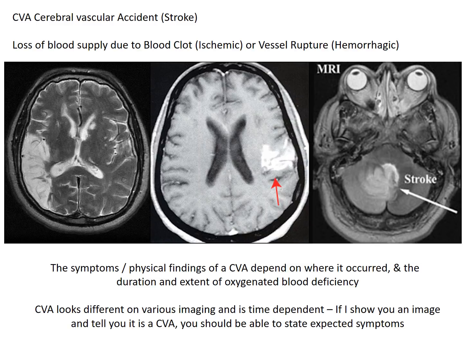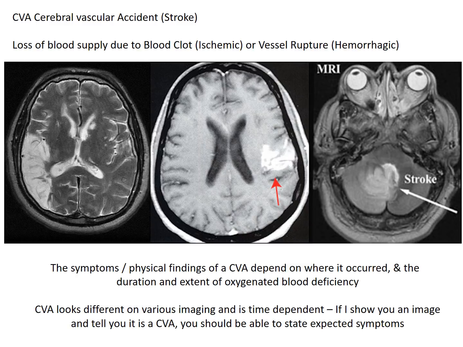So as an example, in that far right MRI, if I show you that photo and I say that is a hemorrhagic stroke, can you recognize that that's in the cerebellum? And then once you recognize that it's in the cerebellum, can you tell me what would be the expected signs and symptoms of an individual who has a hemorrhagic stroke in the cerebellum?